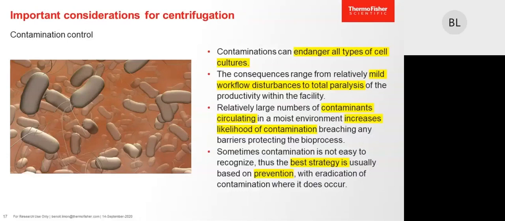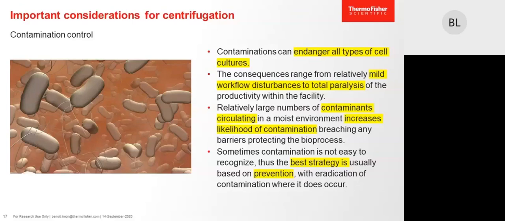The contamination control. From what we hear, contamination is the number one pain point for the user because it can endanger all types of cell culture. It can ruin all the work, and this can happen at any step of the workflow.